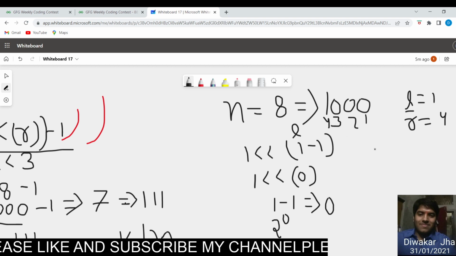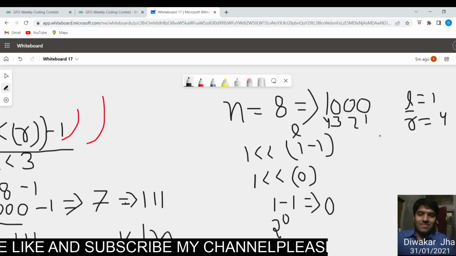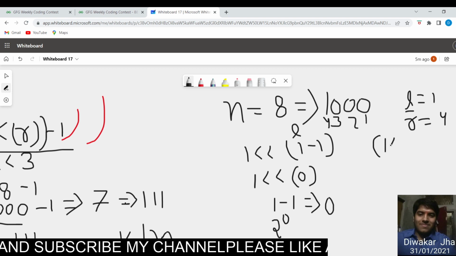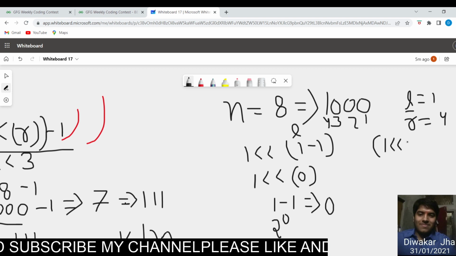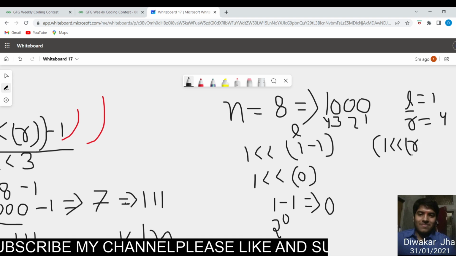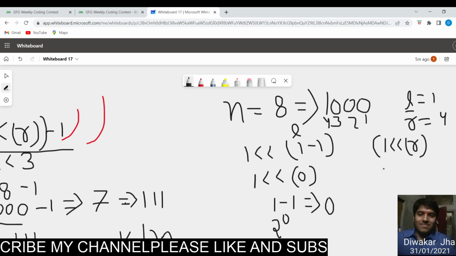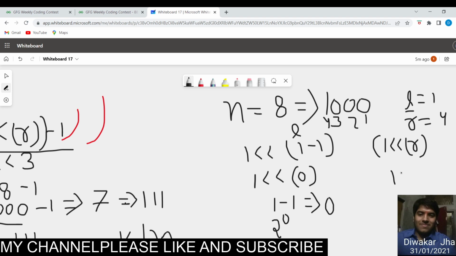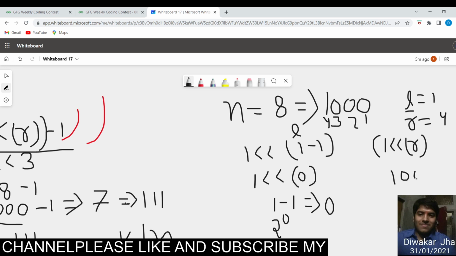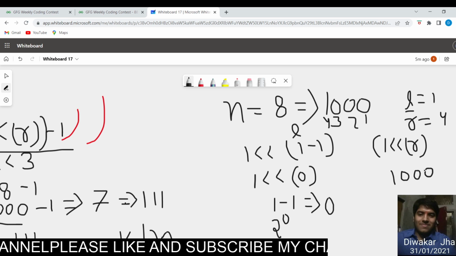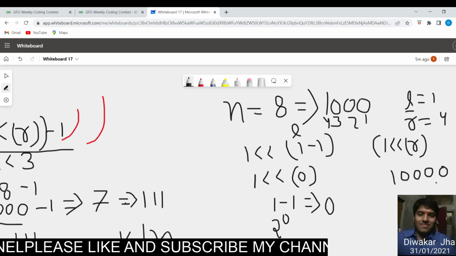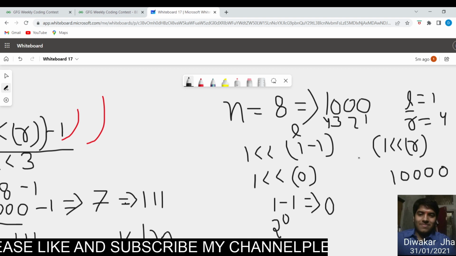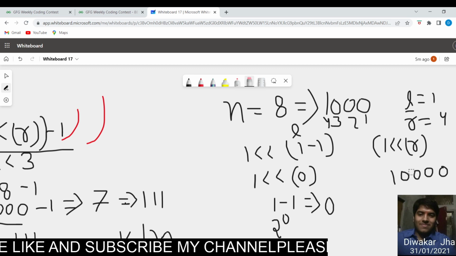Okay, now again you will perform this operation, bit left shift by the rth time, meaning the fourth time, like 1 0 0 0 0. So 1 2 3 4. Sorry for my mistake.